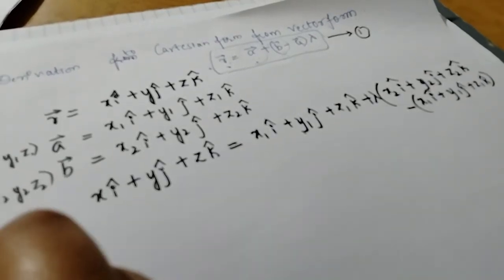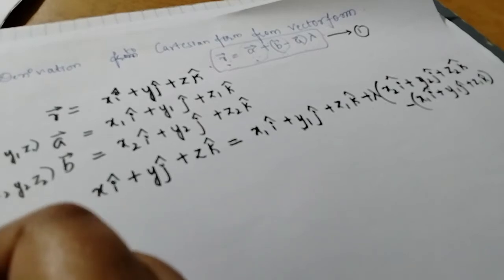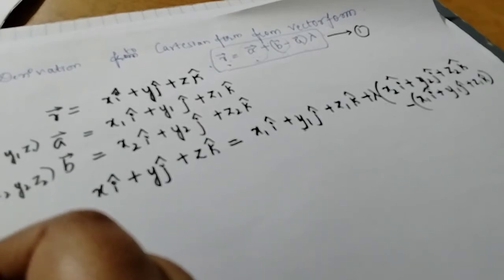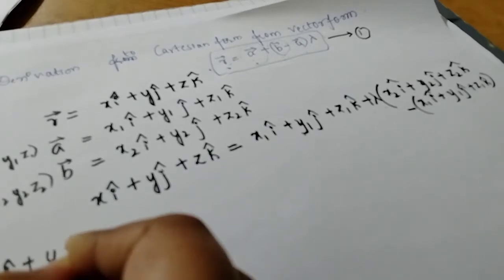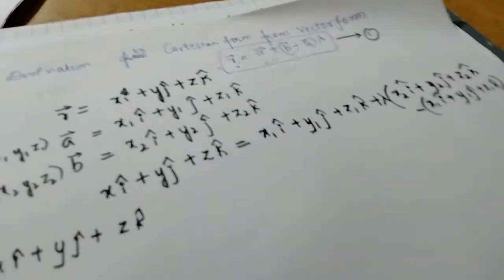Okay. So now I have to keep R on this side only. xi plus yj plus zk as it is I keep here.